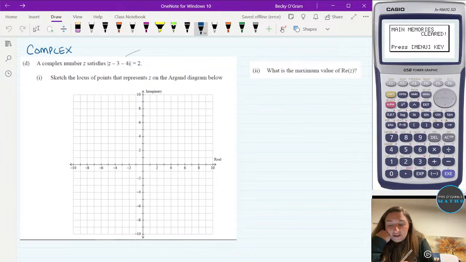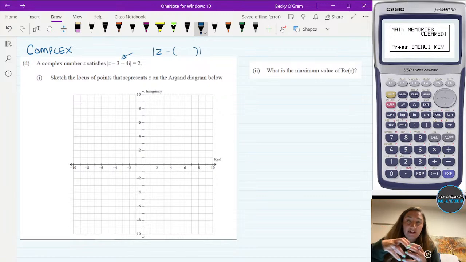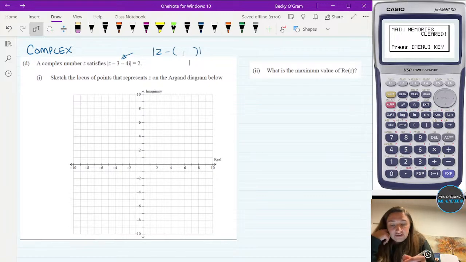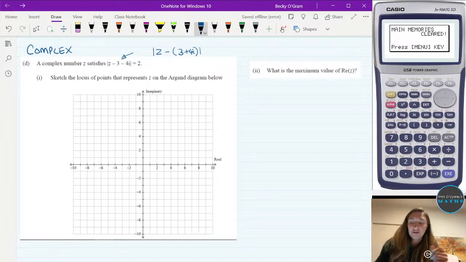So this bit here, let me just get a thicker pen. If we can rewrite this as z minus something entirely, then that gives us a circle where the bit inside the bracket is the centre of our circle. So z minus (3 plus 4i), by putting it all into the bracket.